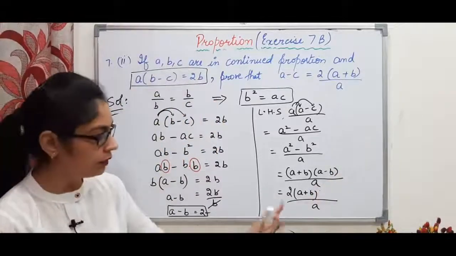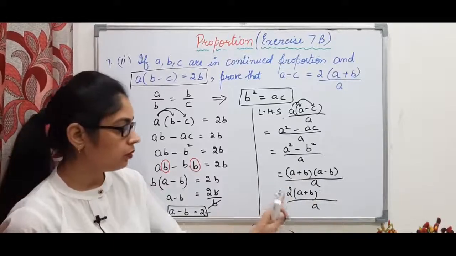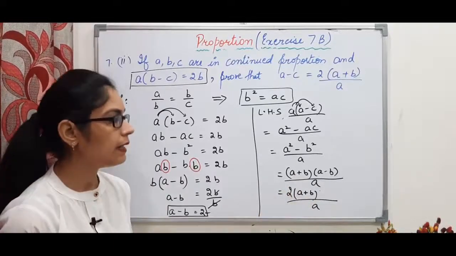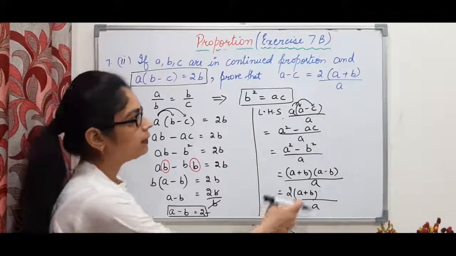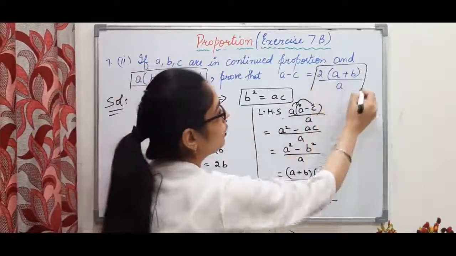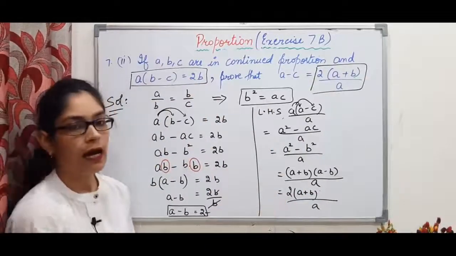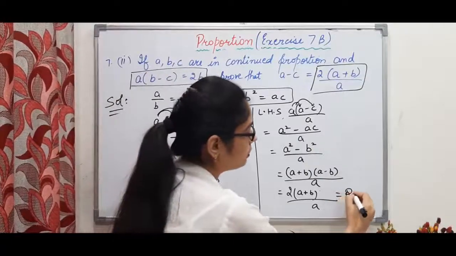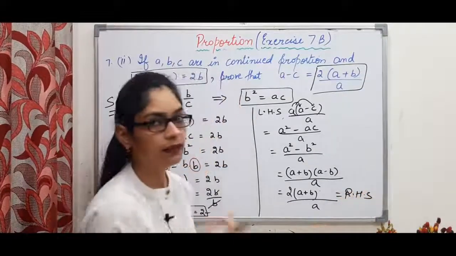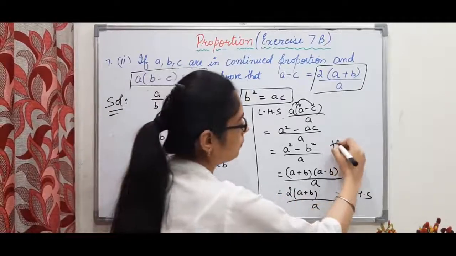That is why, instead of writing 2 there, I have written it here: 2 into (a plus b) by a. Now if you see the right hand side, it is also 2 into (a plus b) by a. So after solving the left hand side, I got 2 into (a plus b) by a, which is equal to the right hand side. No need to prove anything further, it's already equal, hence proved.